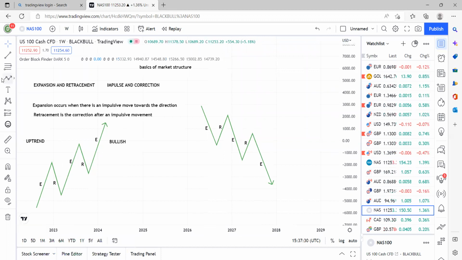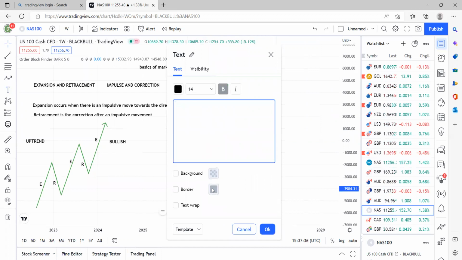So this is what we can simply call a downtrend, or we can simply say bearish.